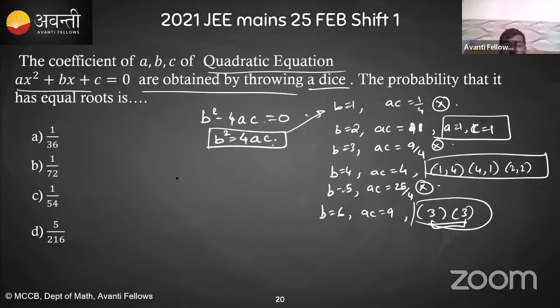So it is 5. Total number of possible outcomes upon total number of outcomes: since we are supposed to roll for 3 variables, the total number of outcomes will be 216, so the answer is 5 upon 216.